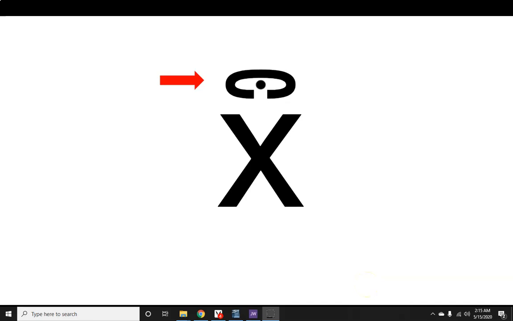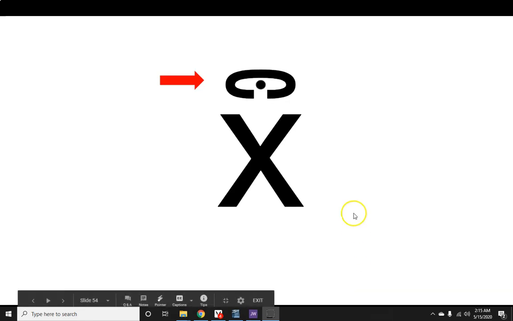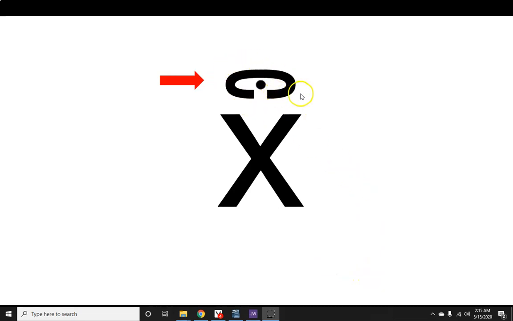Now it's short because the next one is going to have the stem or the tail. So now this is sala U. Sala U is short. No tail.